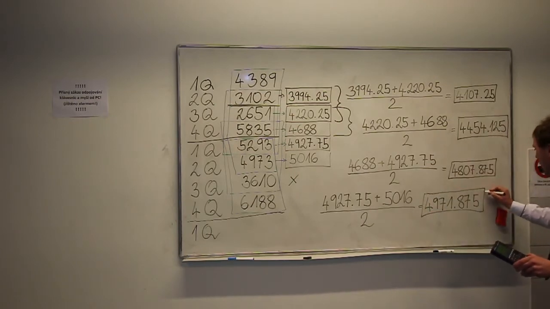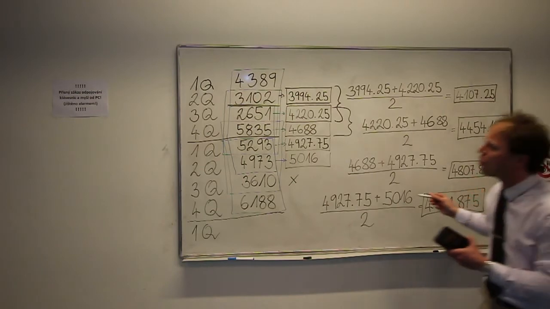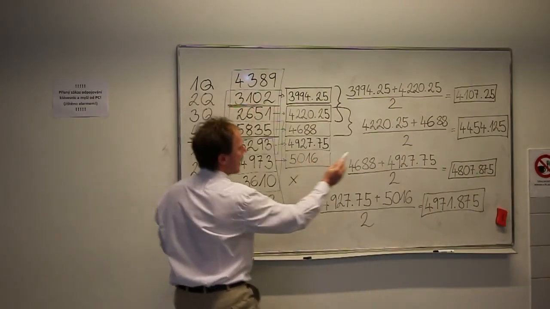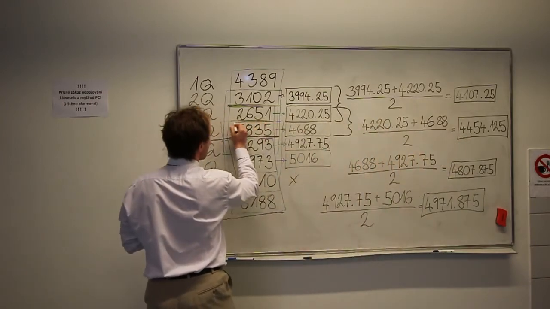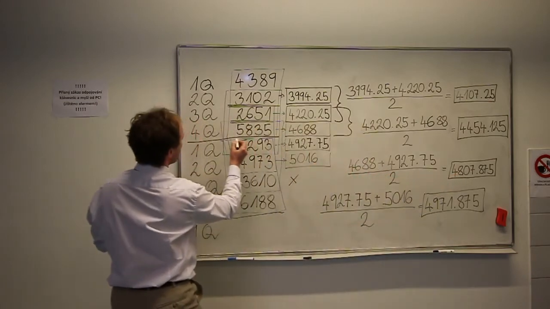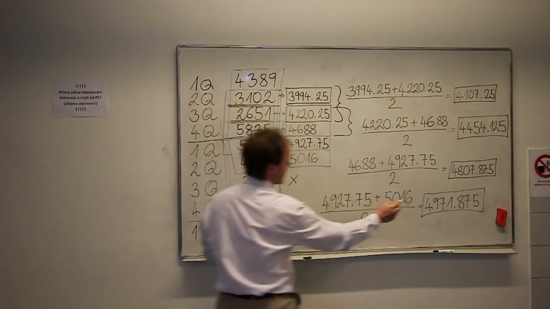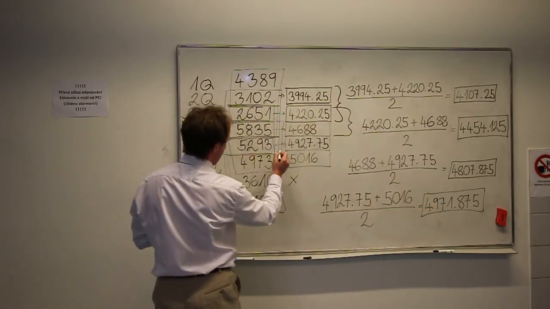I hope that I calculated everything correctly. So this is the value which should be placed here, and this is the value which should be placed here, and here, and here.